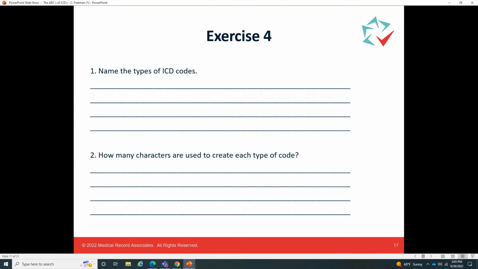How many characters are used to create each type of code? Procedure codes have 7 alphanumeric characters. Diagnostic codes can start out at 3 and, after more detail, go to 4, 5, 6, up to 7. So both can have 7 characters.